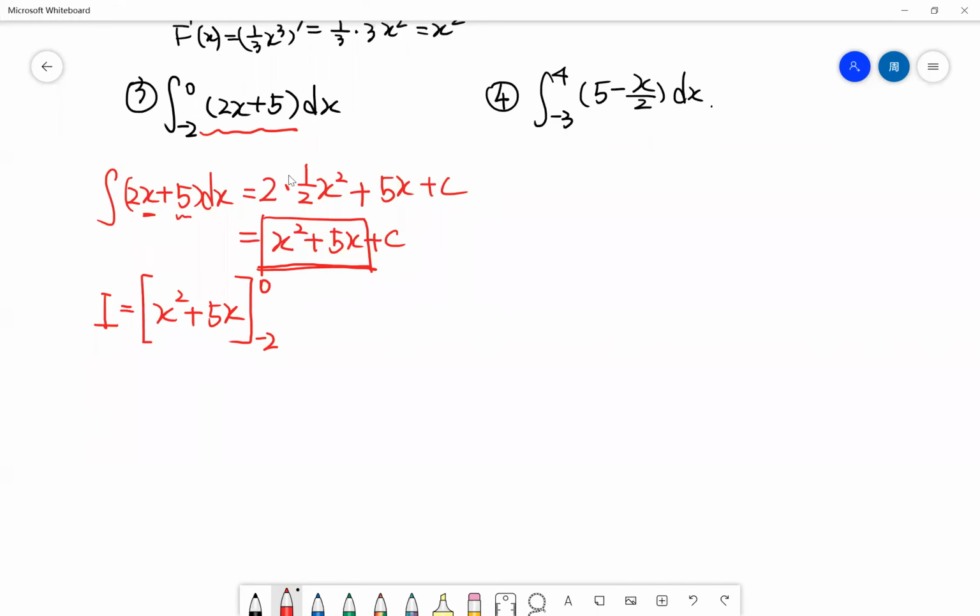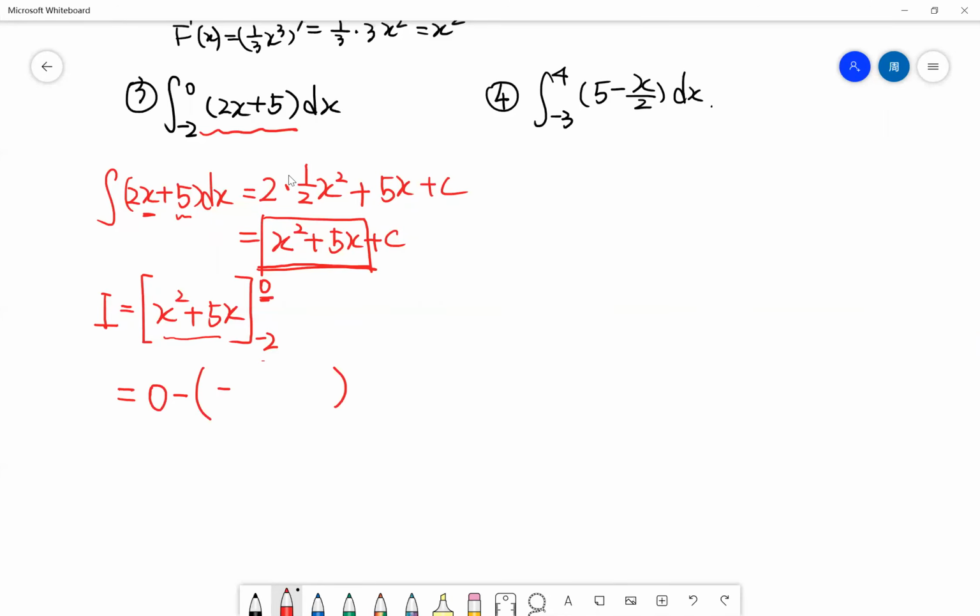It means you have found the antiderivative, the lower limit is -2, and the upper limit is 0. From the formula, you first substitute the upper limit into this function. Obviously, that is 0, right? And then minus, you substitute -2 into this function.